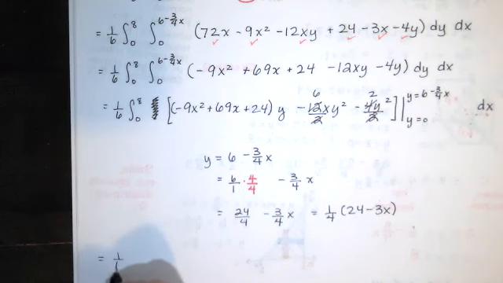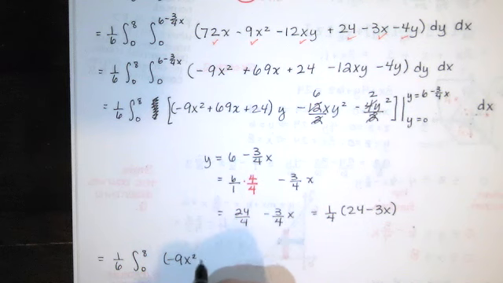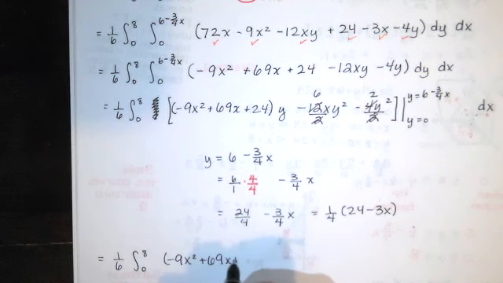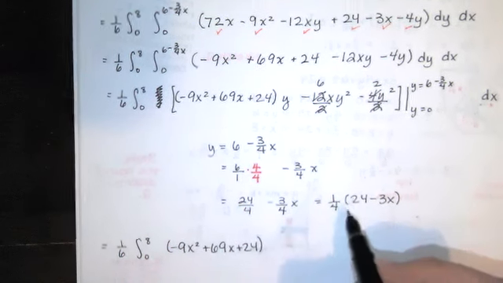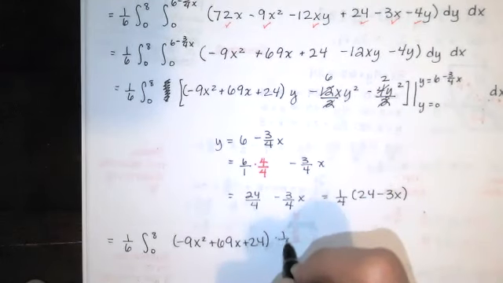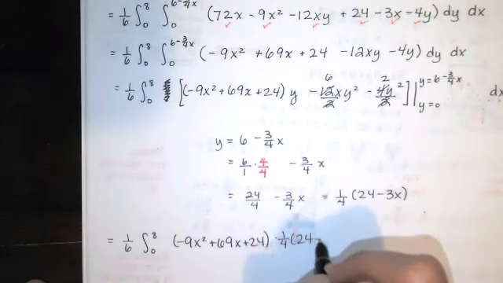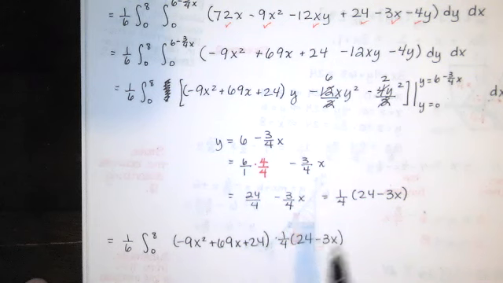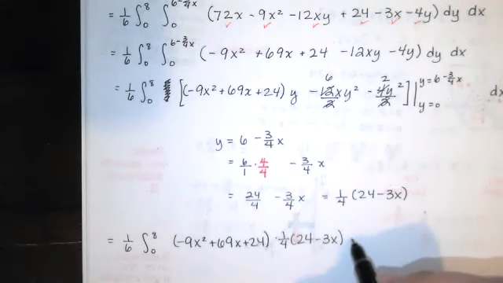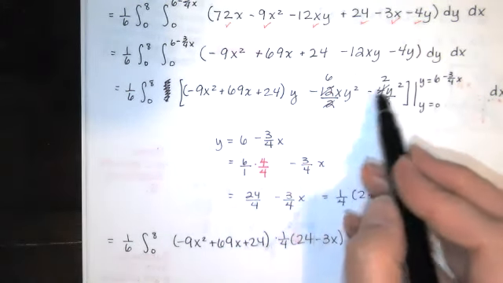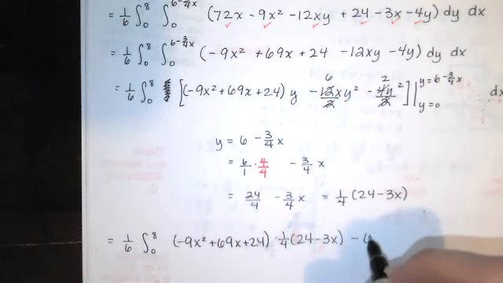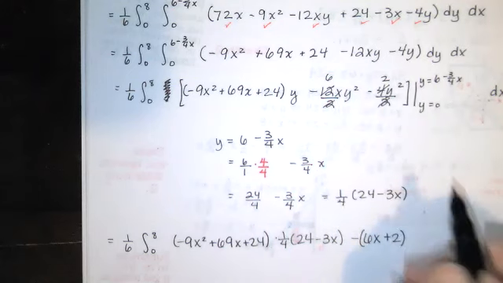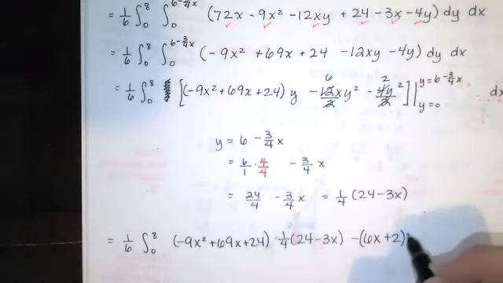So we'll have 1/6 of the integral from 0 to 8 of negative 9x squared plus 69x plus 24 times y, which is this. And then over here, we'll have negative 6x plus 2, times y squared.